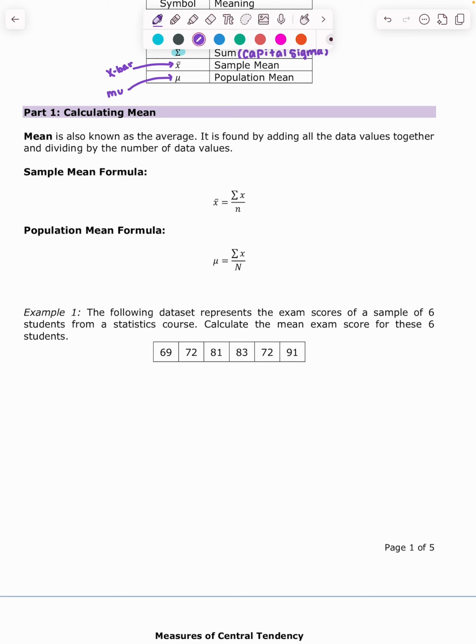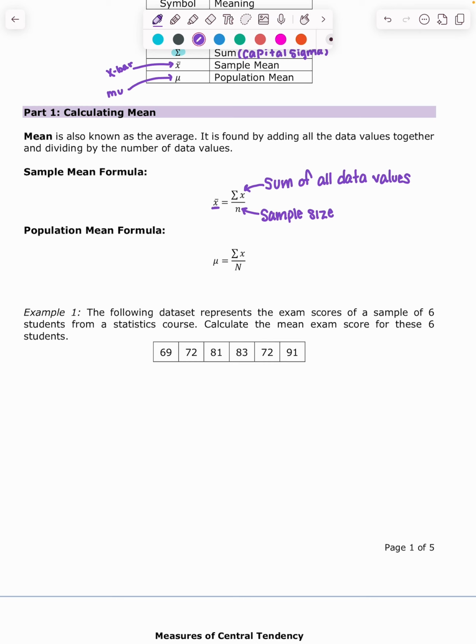So for the sample mean, we find the X bar by taking the sum of all of the data values, and then we divide by the sample size. So how many data values are there?